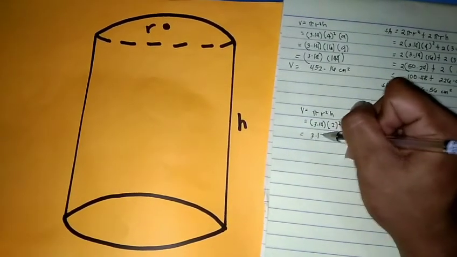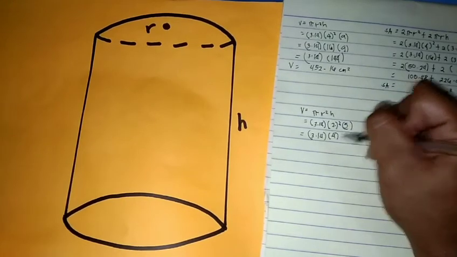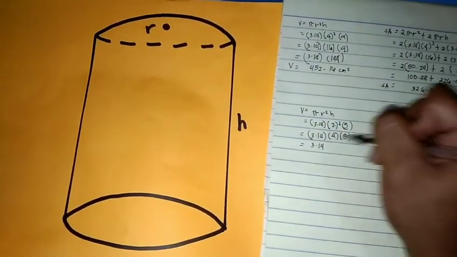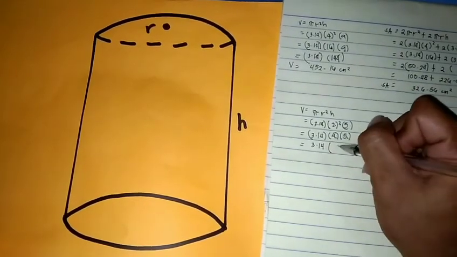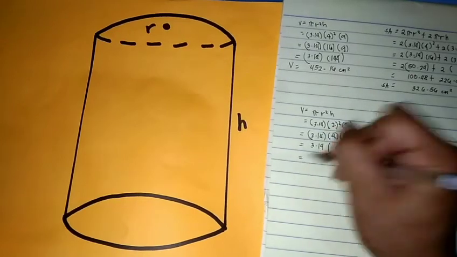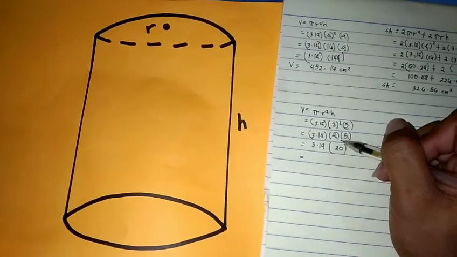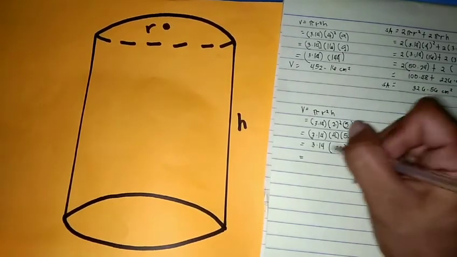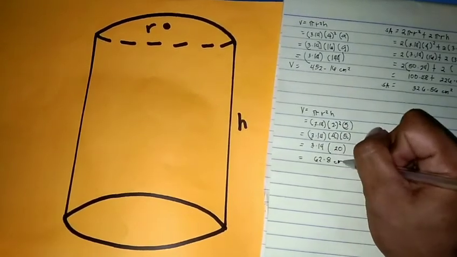Copy the 3.14, the square of 2 is 4, copy the 5. Copy the 3.14, multiply 4 and 5 to get the value of 20. Multiply 3.14 by 20 to get the exact value of the cylinder volume. We have 62.8 centimeter cubed.